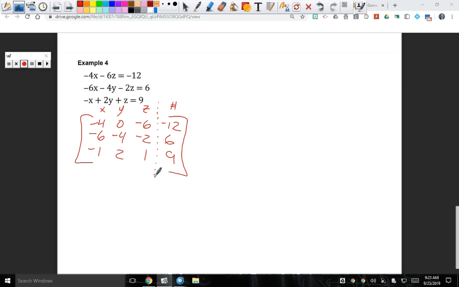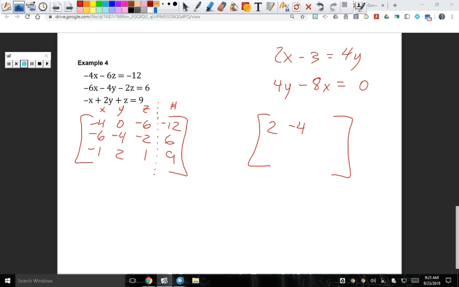Off to the side, what if I had 2x minus 3 is equal to 4y, and then I had 4y minus 8x is equal to 0. How would I do this one, guys, as a 2 by 3? Just no z's. How would I build this matrix? 2, negative 4.